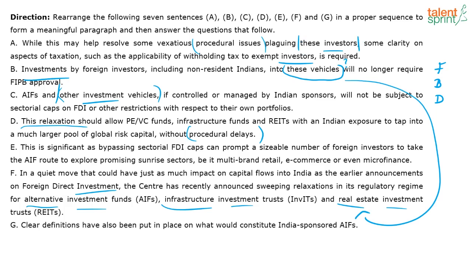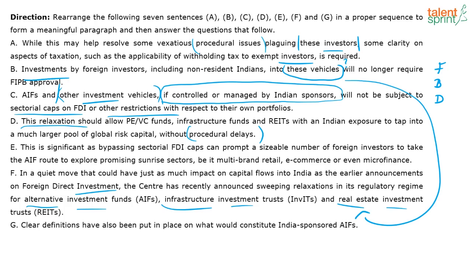If you look at AIFs, it says AIFs and other investment vehicles, if controlled or managed by Indian sponsors, will not be subject to sectorial caps on FDI or other restrictions with respect to their own portfolios. This is the reason why the delay comes in the first place. How can the delays happen? If the Indian sponsors control or manage them, they give them a cap on foreign direct investment, or they come up with other restrictions. That's when procedural delays will happen.